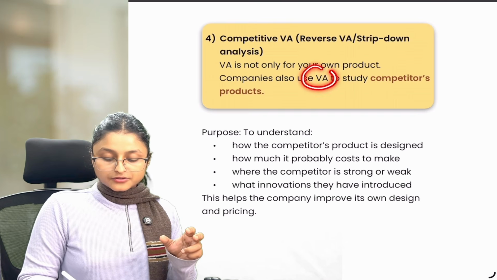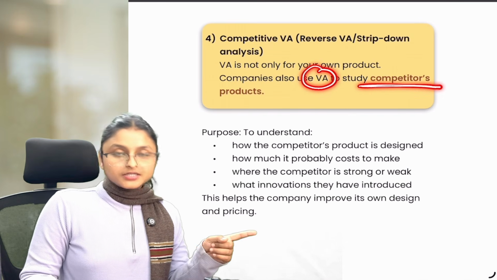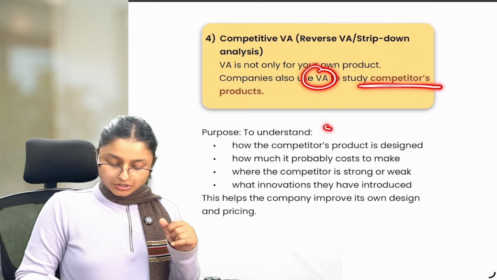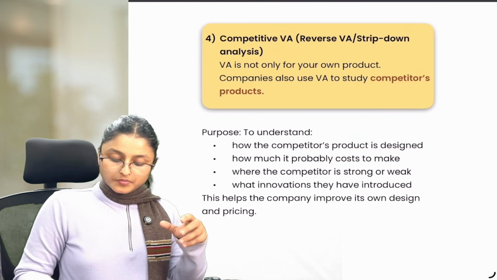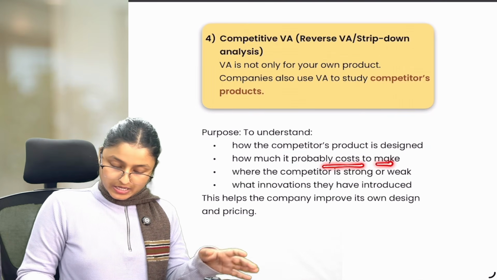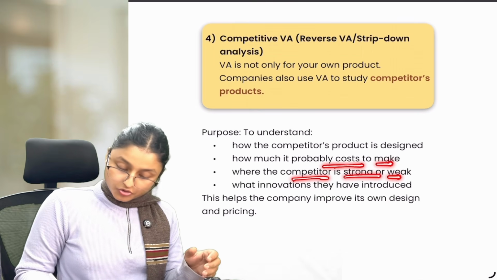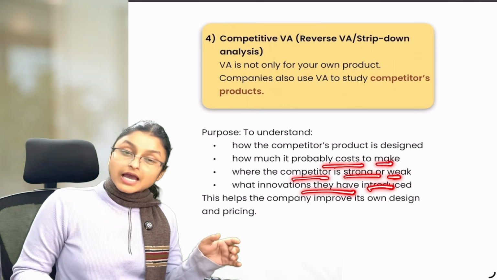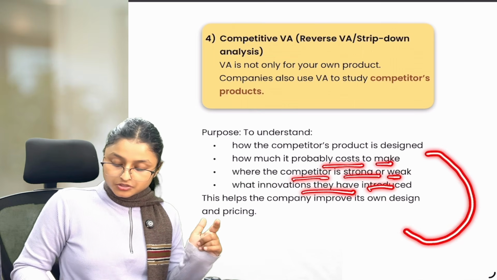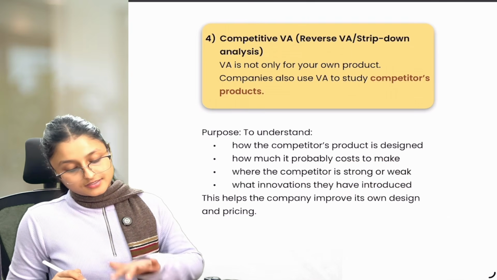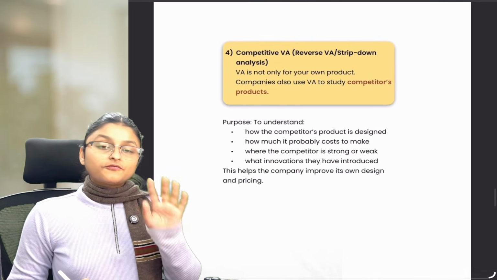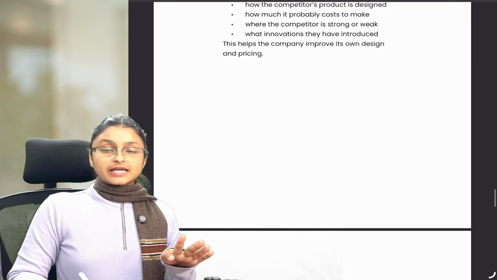Companies also use value analysis to study competitors' products. The purpose is to understand how the competitor's product is designed, how much it probably costs to make, where the competitor is strong or weak, and what innovations they have introduced, so that we can use the same in our designing and pricing of the product. Done.